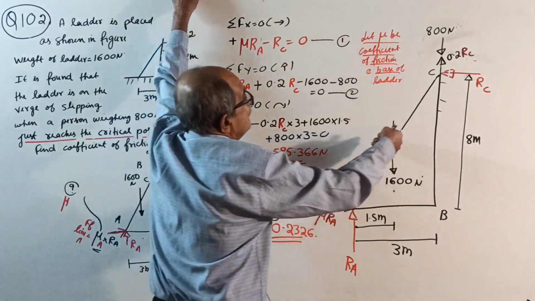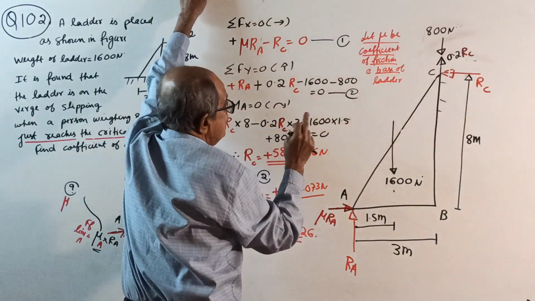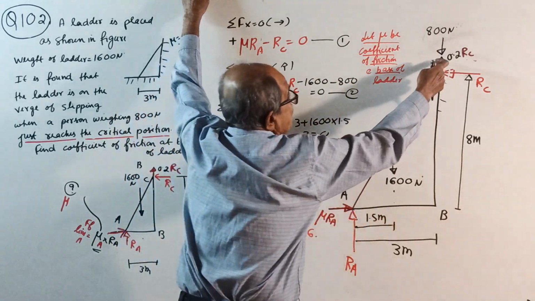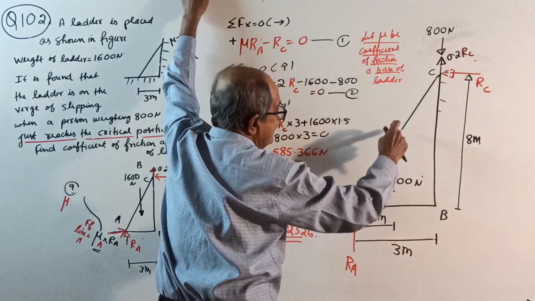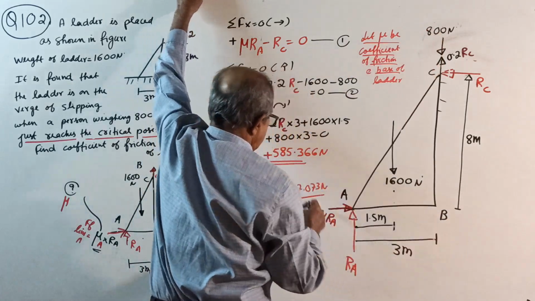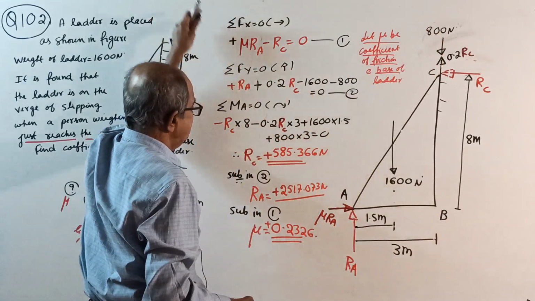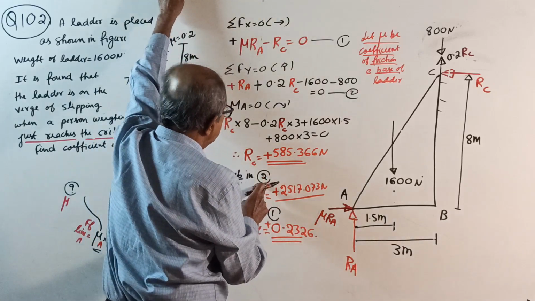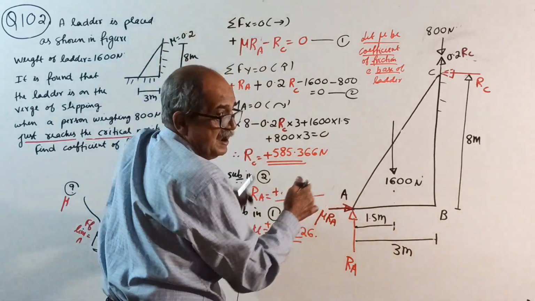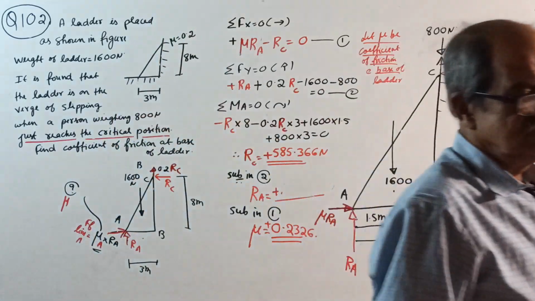Minus 0.2 RC plus 1600 into 1.5, plus 800 into 3 equal to 0. RC will come. This is correct. Substitute in 2, RA will slightly change, no problem.